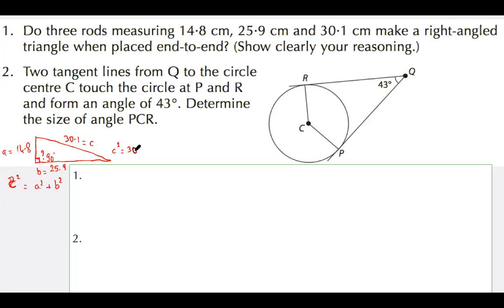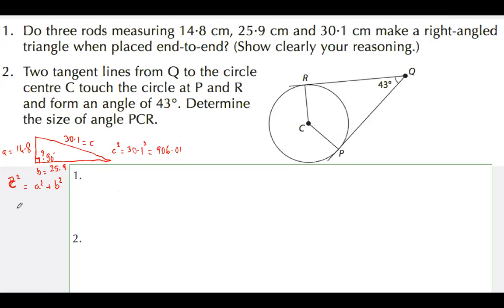So what is C squared? It's 30.1. Use your calculator: 30.1 squared gives me 906.01.